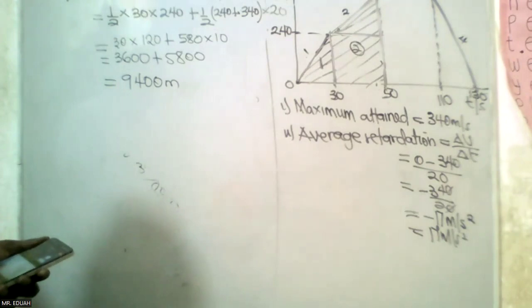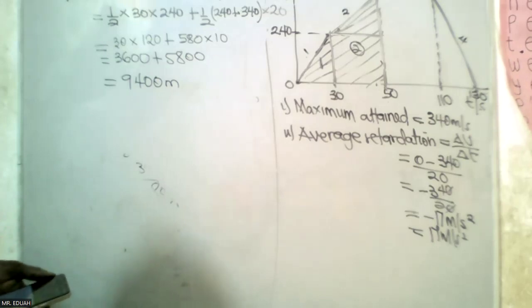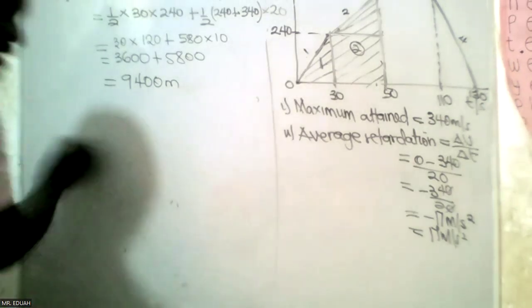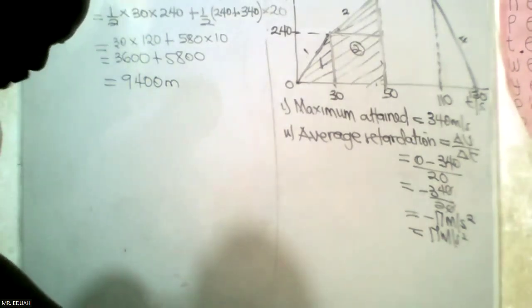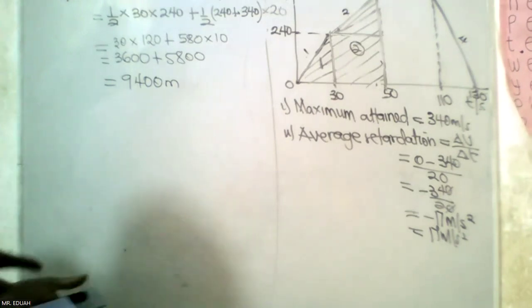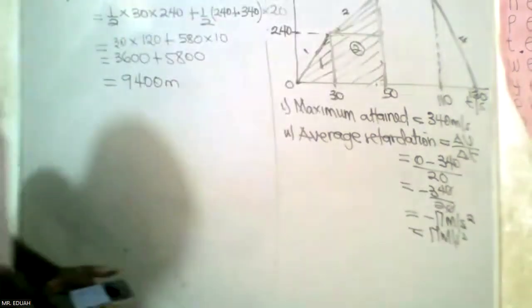Now, what is the last question? The last question demands that we find the average speed during the same interval. Here, I'm adding two things: find the average speed during the same interval as in II, and find the average speed during the whole motion.